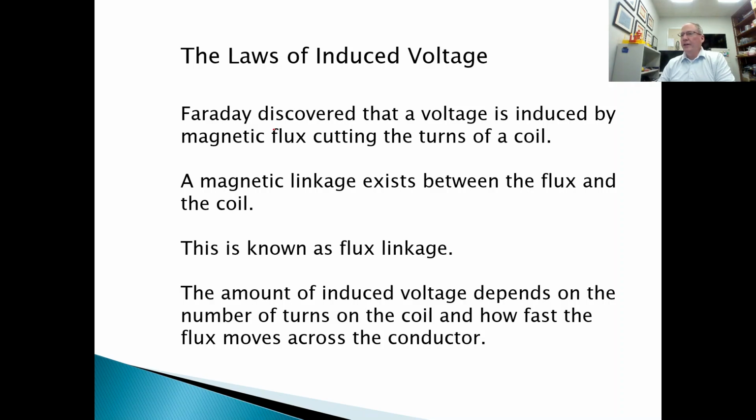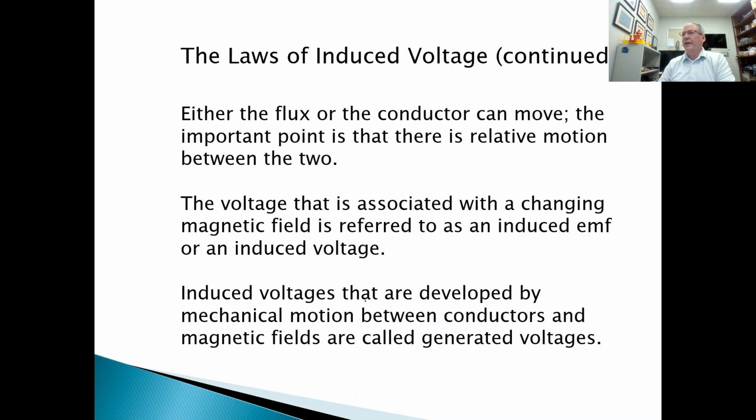Now, Faraday discovered that a voltage is induced by magnetic flux cutting the turns of a coil. This exists between the flux and the coil, and this is known as flux linkage. The amount of induced voltage depends on the number of turns on the coil and how fast the flux moves through or across the conductor.